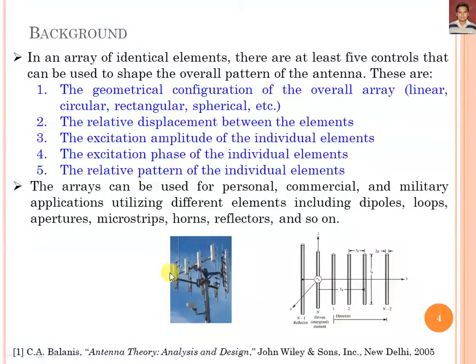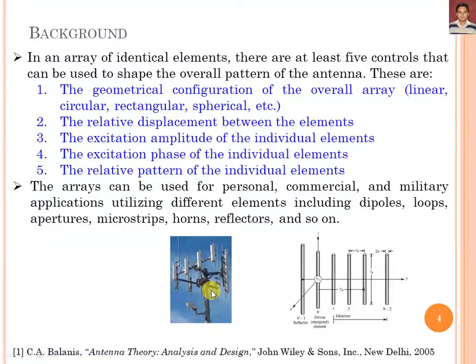It means we can say to cover the 360 degree. In that case we are using 4 dipoles to cover the 120-degree. Similarly you can see here we are using 4 dipoles, and similarly the third part is 120-degree.